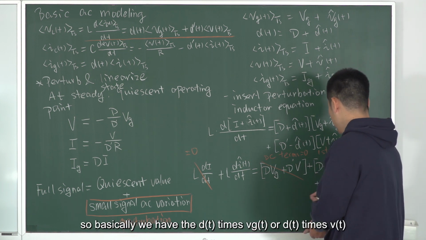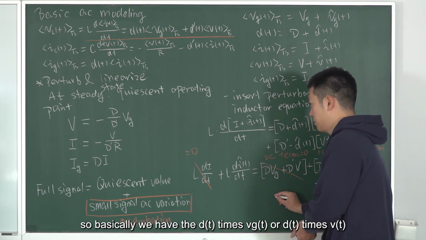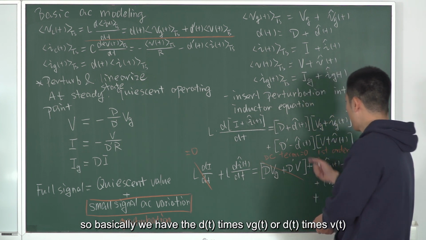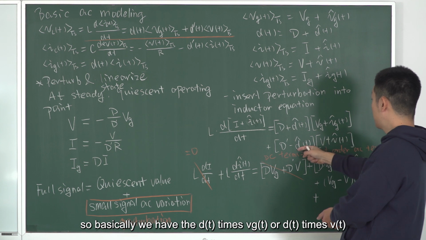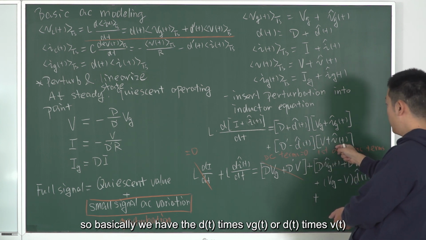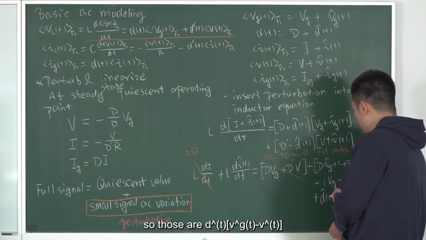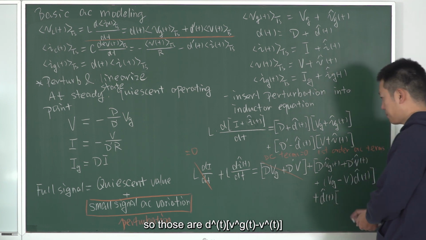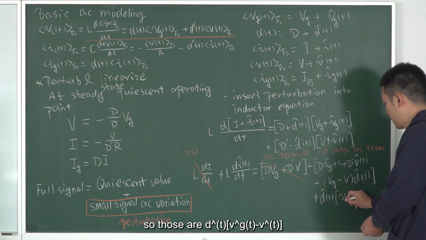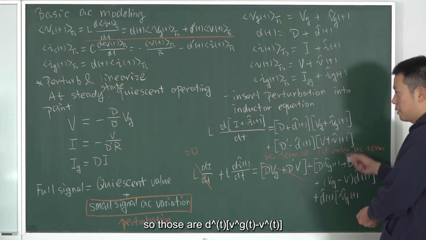So basically we have D times V or D times V, so those are D cap times Vg cap, and D cap times V cap.